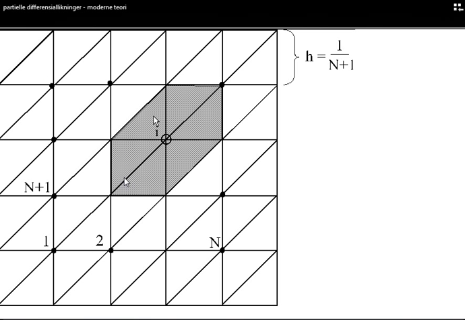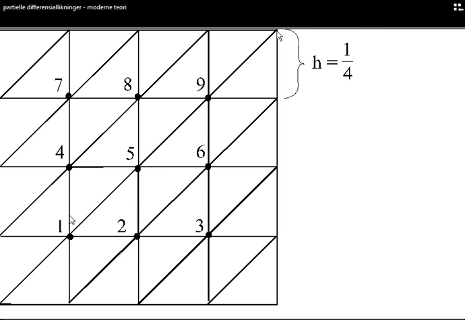Since the function is linear here, the partial derivatives of this basis function are equal to some constant value in each of these triangles. So this was a general scheme.